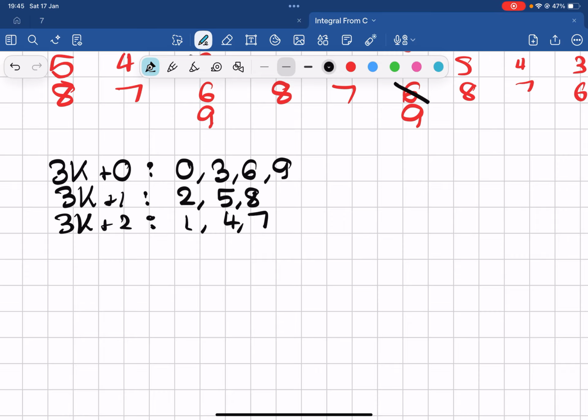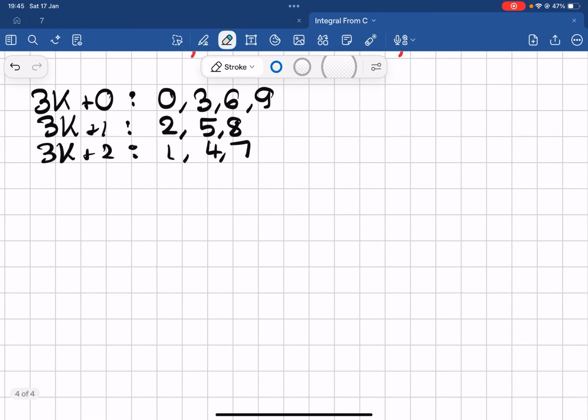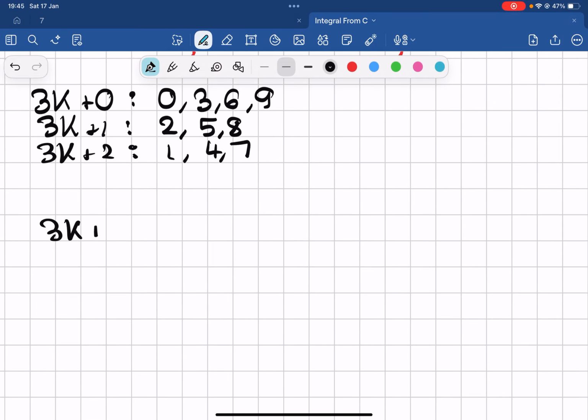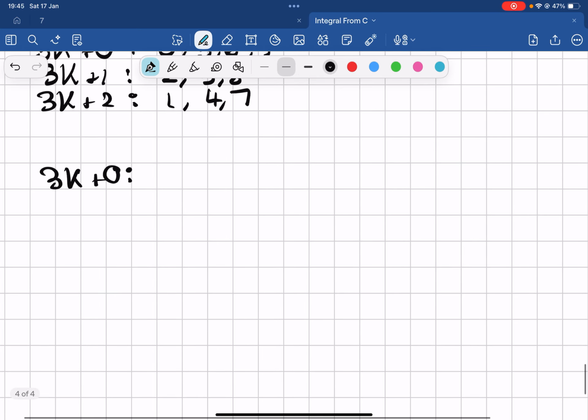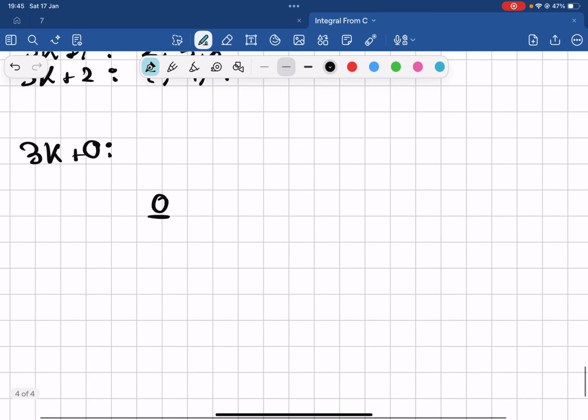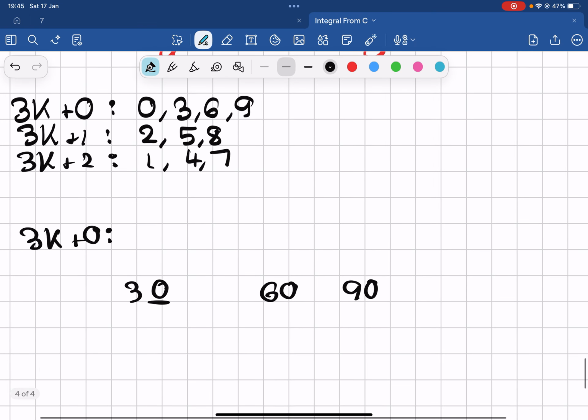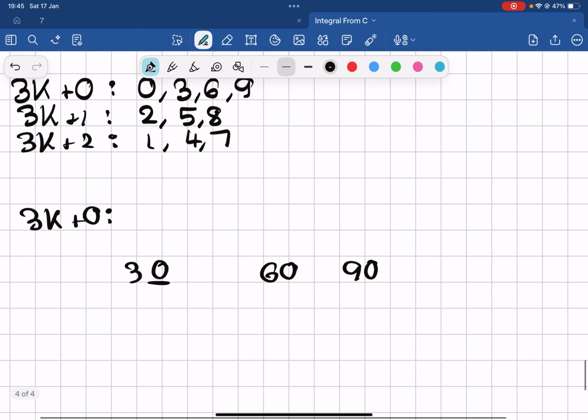This residue class is quite special because it's got a 0 in it, and we know from common sense and what the question states that a two-digit number cannot start with 0. That forces the 0 to be at the end at all times, meaning we can have 30, 60, or 90. Now if we have 30, what other numbers can we form?